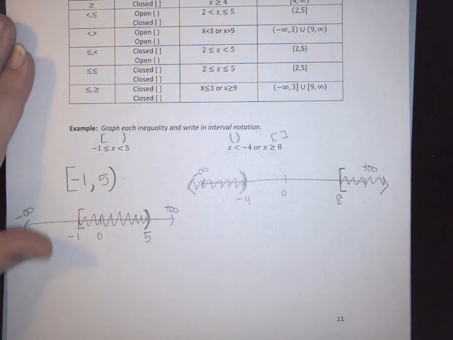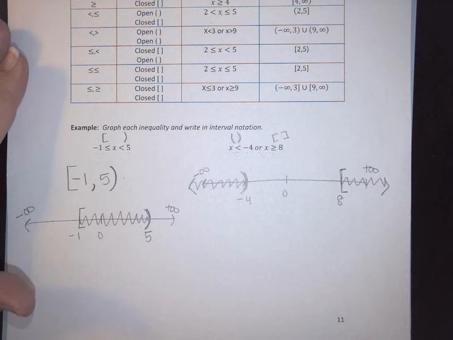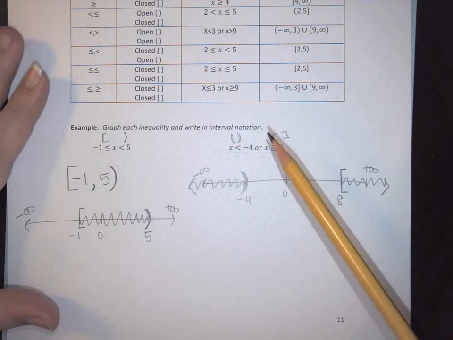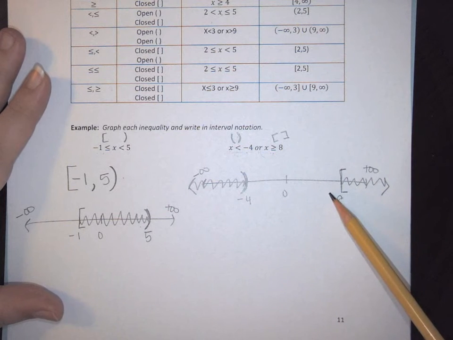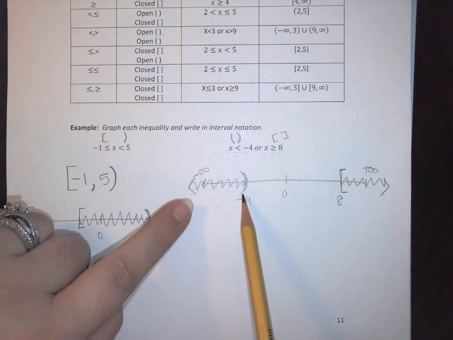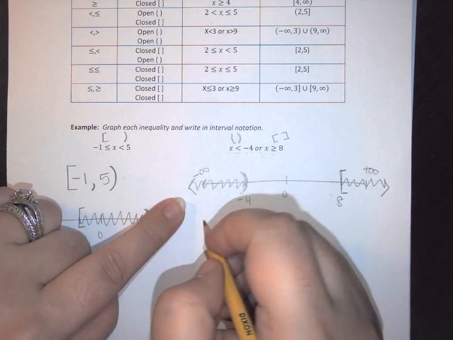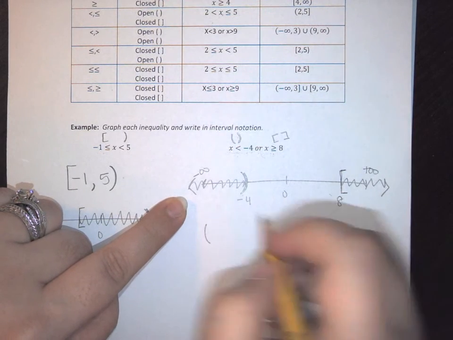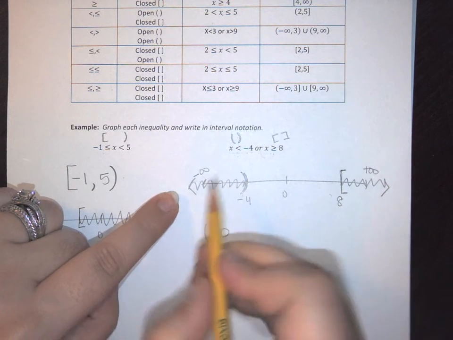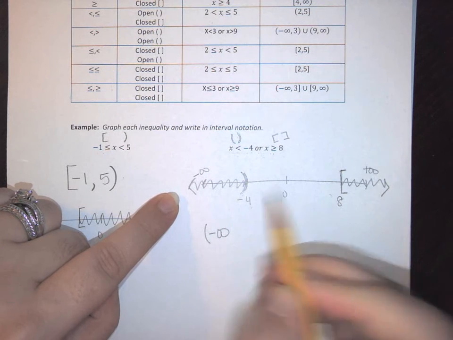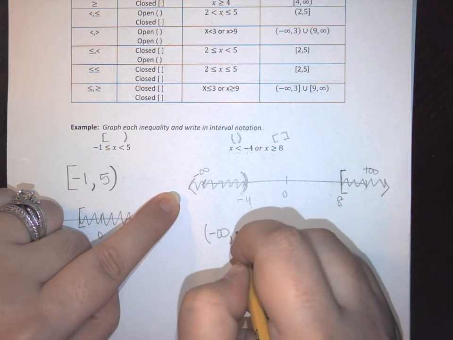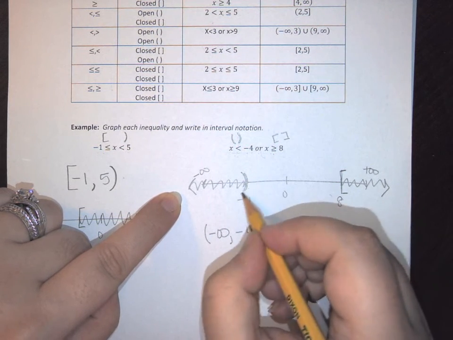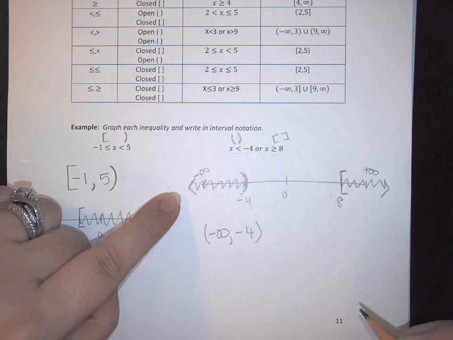Now we need to make sure that your interval matches your graph. So this is the way we do it. In this instance, we're going to start at the negative infinity. So we're going to start your parenthesis and slap in negative infinity, and we're going to travel along that number line until we get to negative 4. So we're going to put in that negative 4. It's got a bracket, so we're going to put a bracket around.